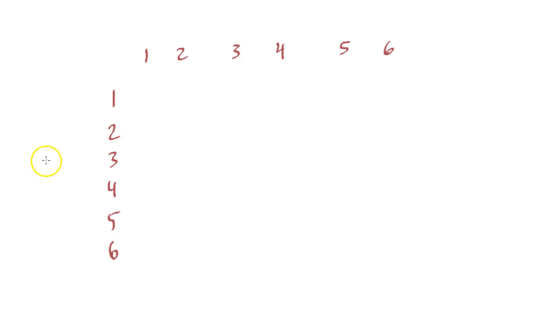So this is dice 1, and this is dice 2. And we're interested in, for this problem, the sum of the two. So if we rolled a 1 and then we also rolled a 1 for the other, then the sum will be 2.